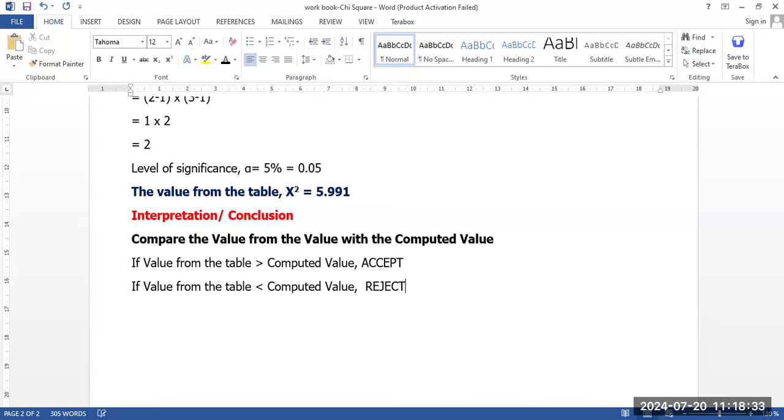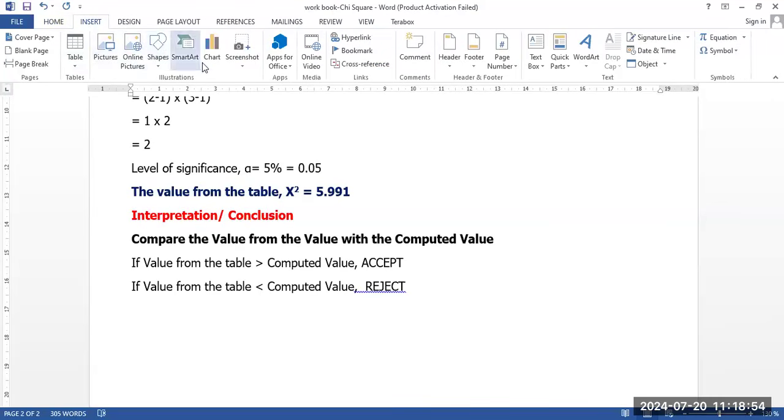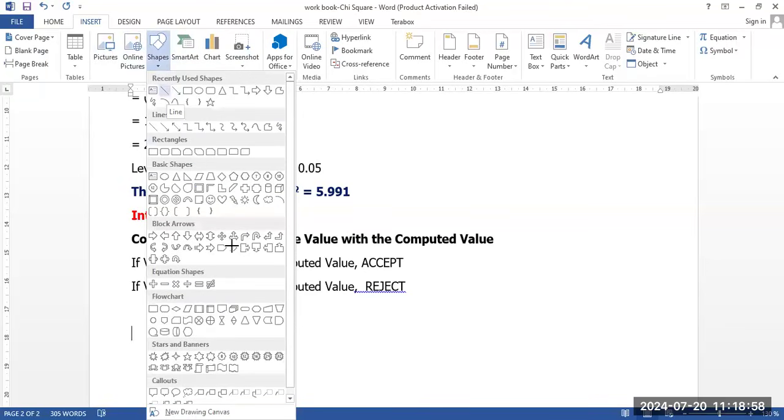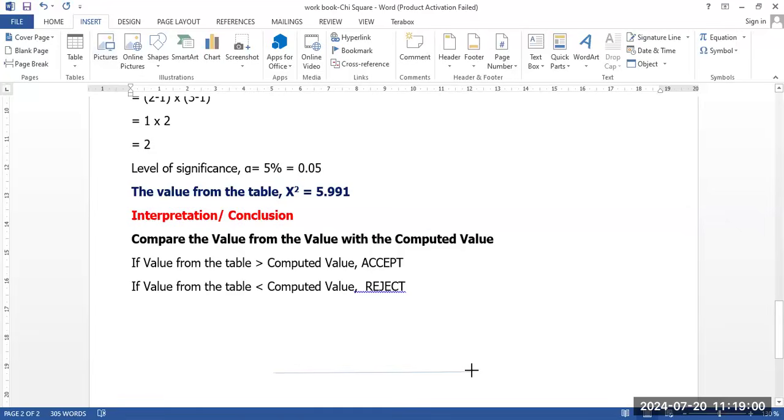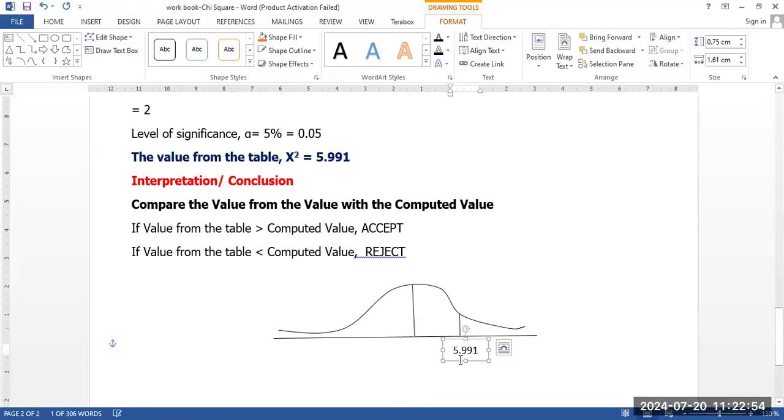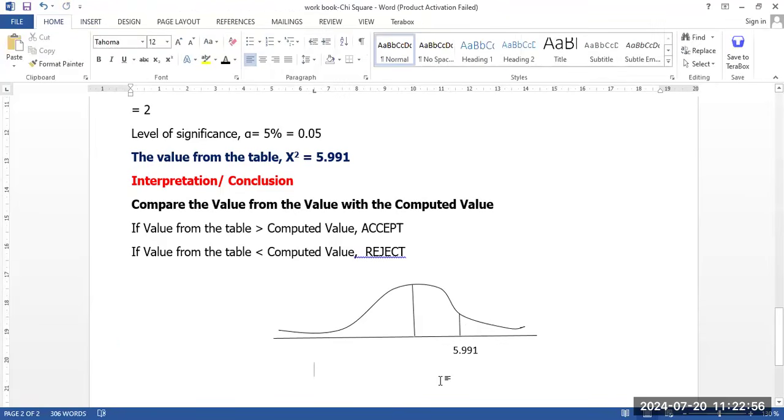Yes. When we use this concept, most students don't get it clearly. So what will help you? Always draw your diagram. Always draw your diagram. So we need to ask ourselves.